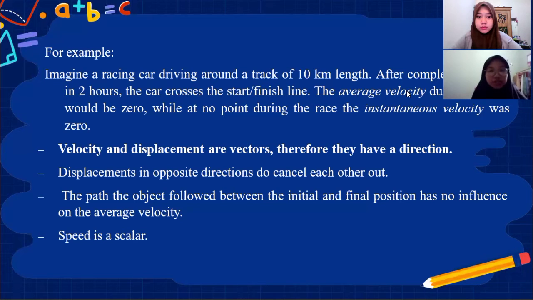So we can conclude that velocity and displacement are vectors. Therefore, they have a direction. Displacements in opposite directions do cancel each other out. Also, the path the object follows between the initial and final position has no influence on the average velocity. For the last one, speed is a scalar.